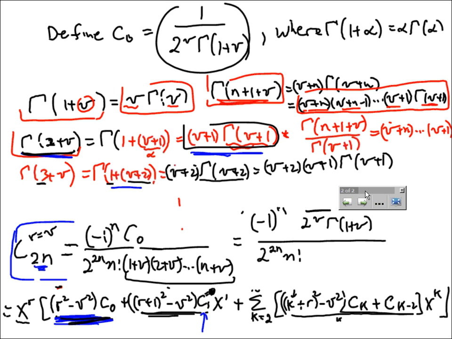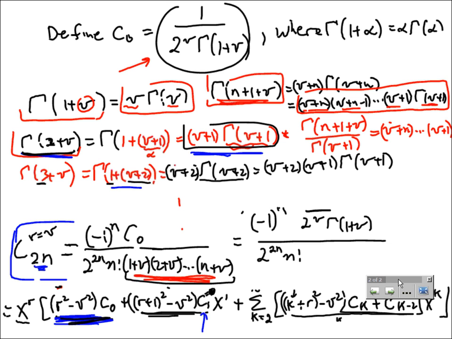But that's exactly what I have here. So c sub 0 is that. So we have negative 1 to the n times that, divided by this, times this piece.